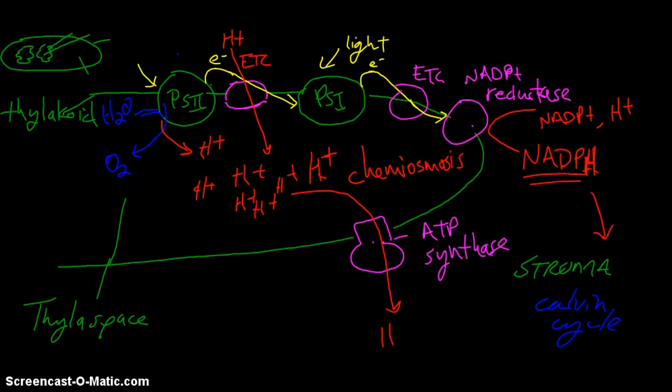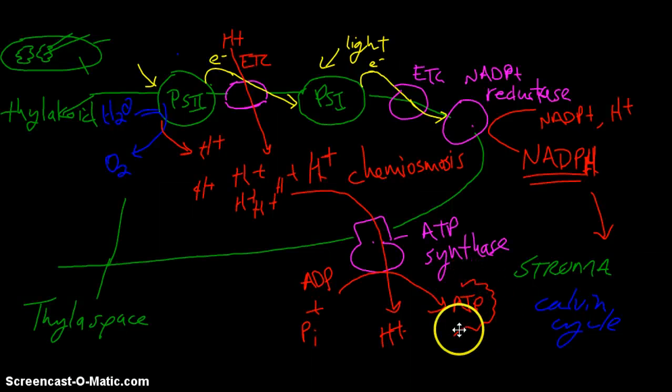As the hydrogen ions pass through the protein, it powers the conversion of ADP, adenosine diphosphate, and inorganic phosphate into high energy ATP, the energy currency of the cell that can also do work with the Calvin cycle to create sugars from carbon dioxide.